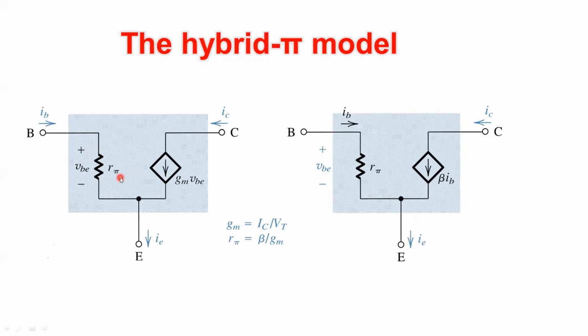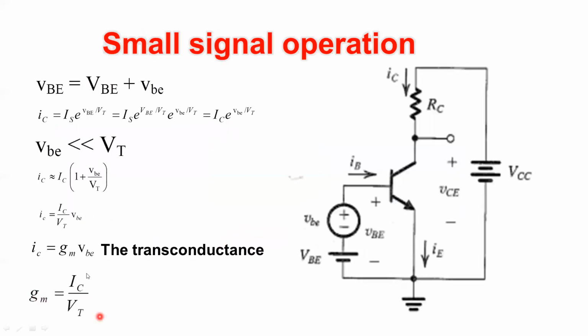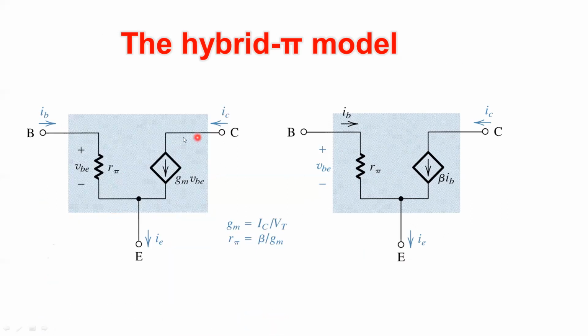We still have a resistance, which we will call r-pi, or sometimes small r-e. The current flowing in the collector is gm times VPE, as we previously mentioned, and gm is equal to IC over VT, as we concluded in the previous slide. So this is simply the pi model for an AC bipolar junction transistor.